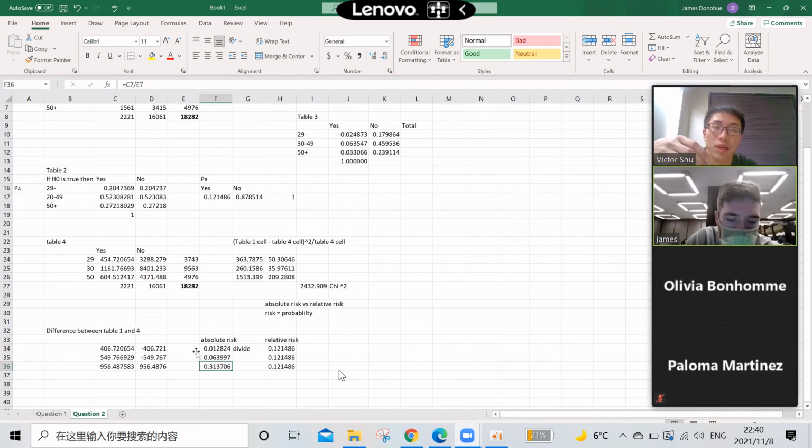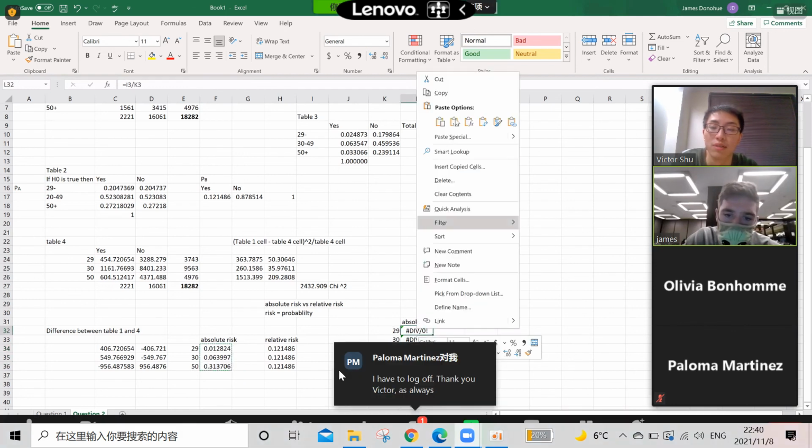Now you want to compare the risk between the older group and the middle aged group. So you say, if I'm older, I'm like 5 times more risky to get that problem than the middle aged group. How do you get that 5 times more risky? You just use 0.31 divided by 0.06, right?